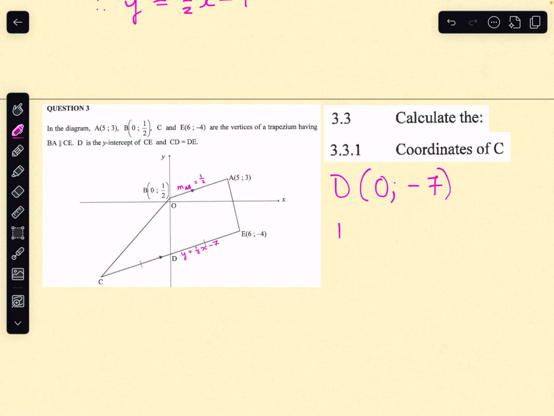And we also know that D is the midpoint of CE, right?